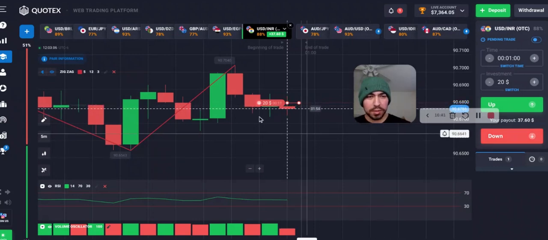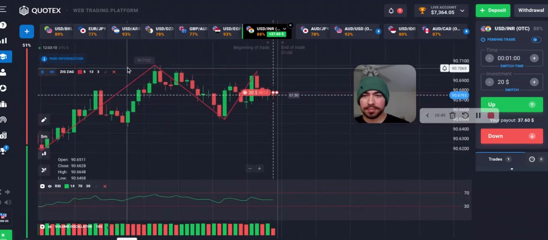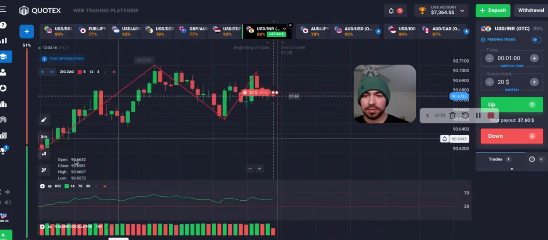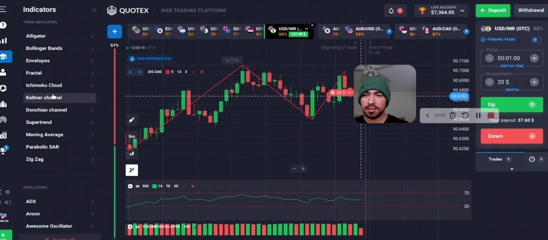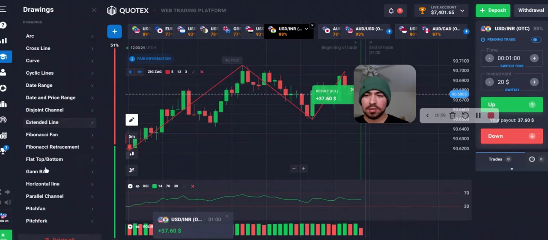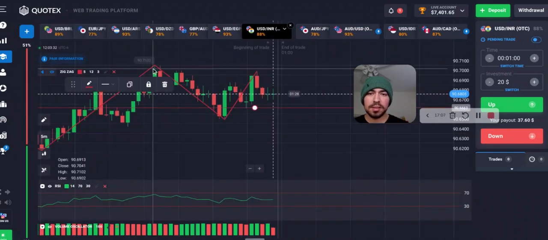What do I mean by resistance? These are resistance levels. Look, I'm going to mark them up. Horizontal line. Okay, that's what I'm going to use. I ended up winning that position.